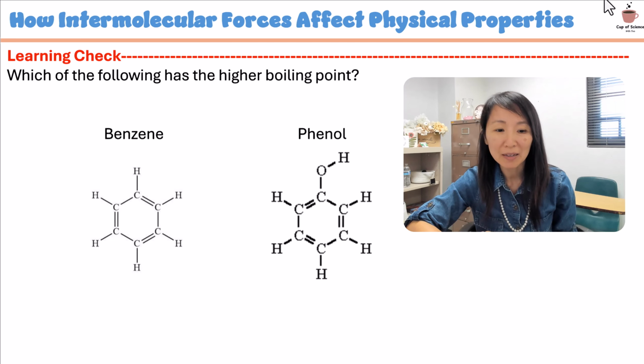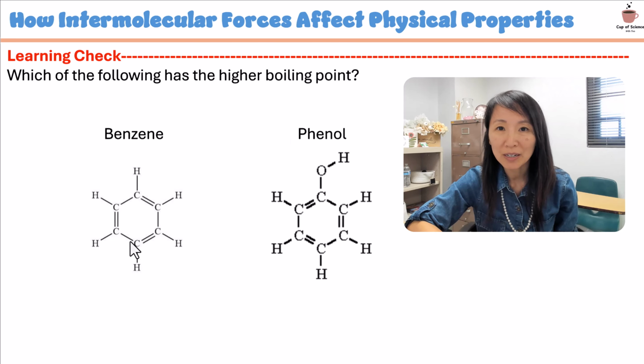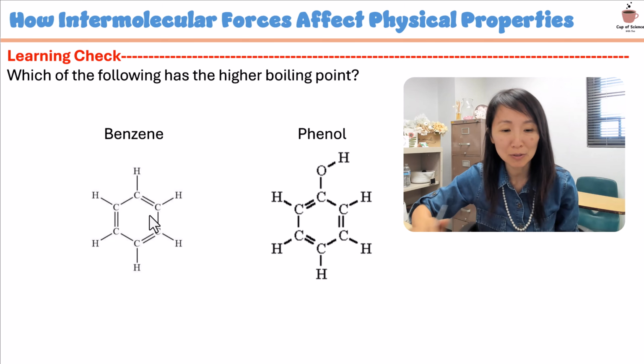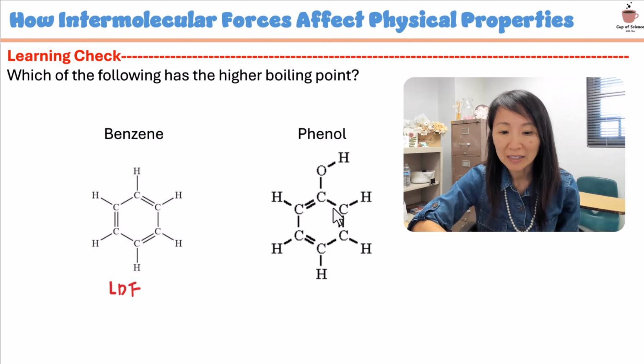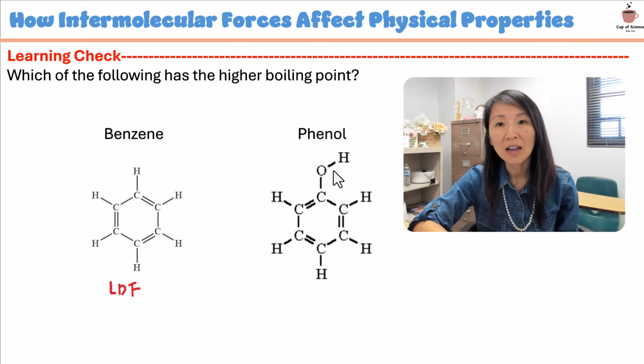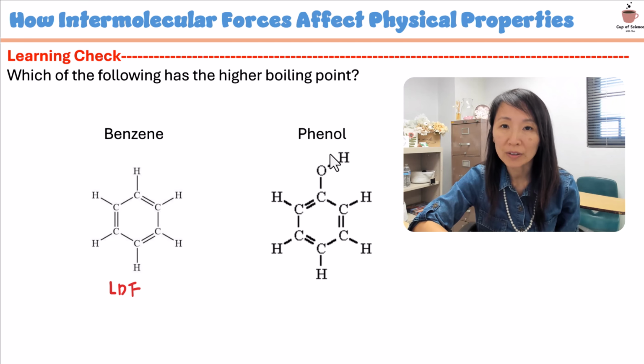So coming back, benzene, this one is a hydrocarbon, which means that this is a non-polar substance. Something with a non-polar substance will only participate in London dispersion forces. I like to keep it short, LDF. Phenol, on the other hand, has hydrogen and carbon, but it also has an oxygen. This OH here gives the whole phenol the ability to do hydrogen bonding.